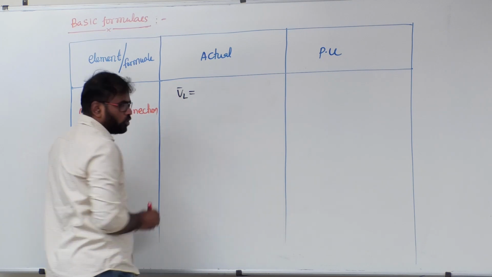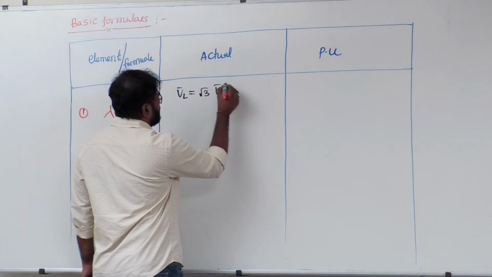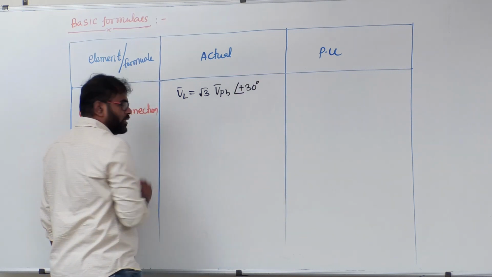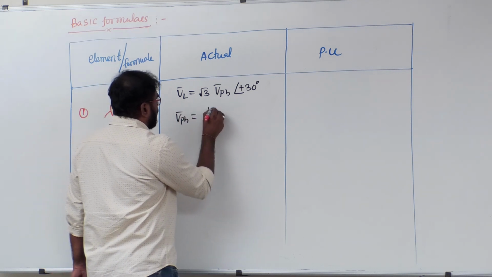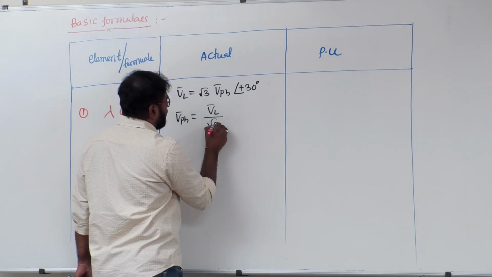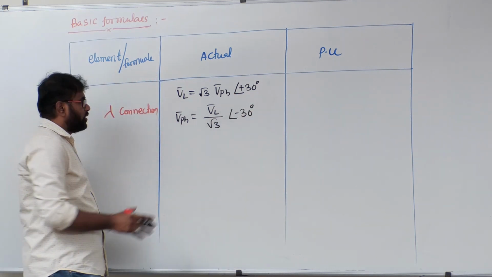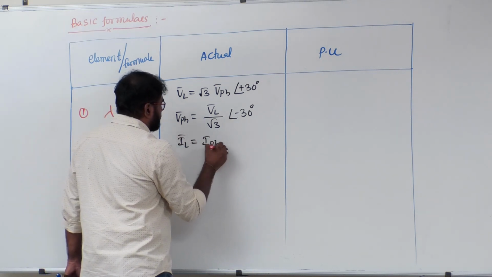Actual line voltage equals √3 times the actual phase voltage at an angle plus 30 degrees. And the actual phase voltage equals line voltage by root 3 at an angle minus 30 degrees. Clear? And the line current equals phase current.